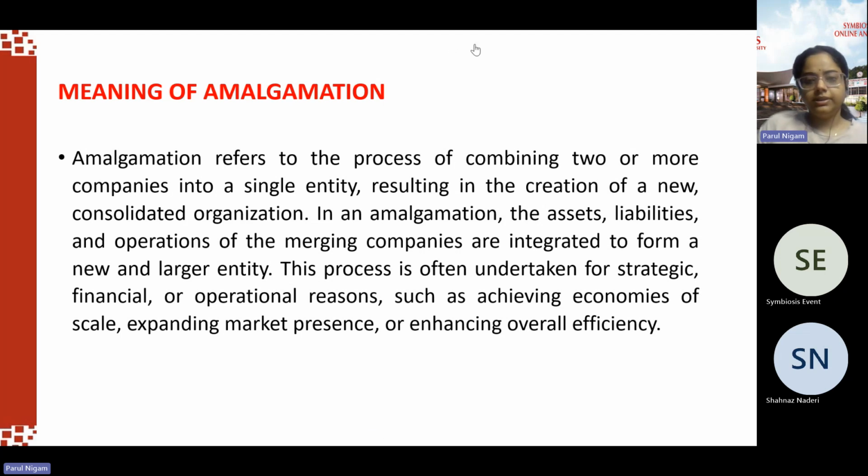When you are doing business on a large level, when multiple organizations have come together and formed a single association, economies of scale occur. Your cost is reduced per unit by increasing production and utilizing resources more efficiently.